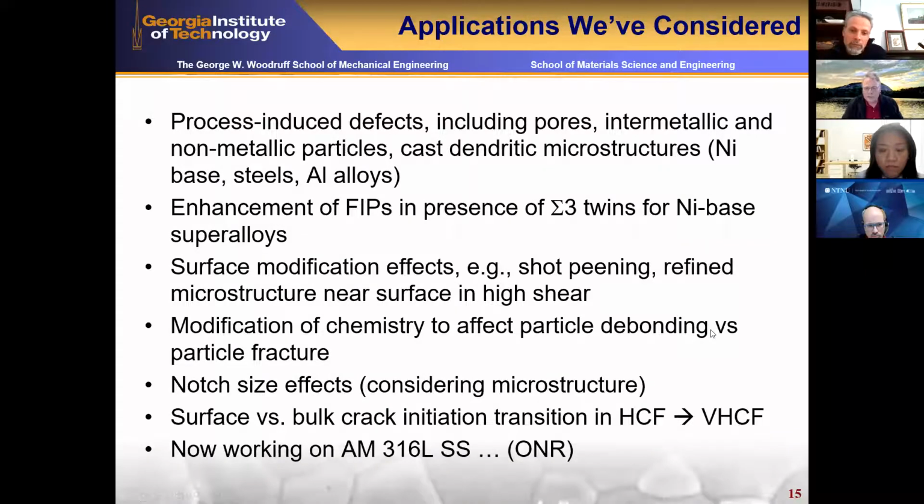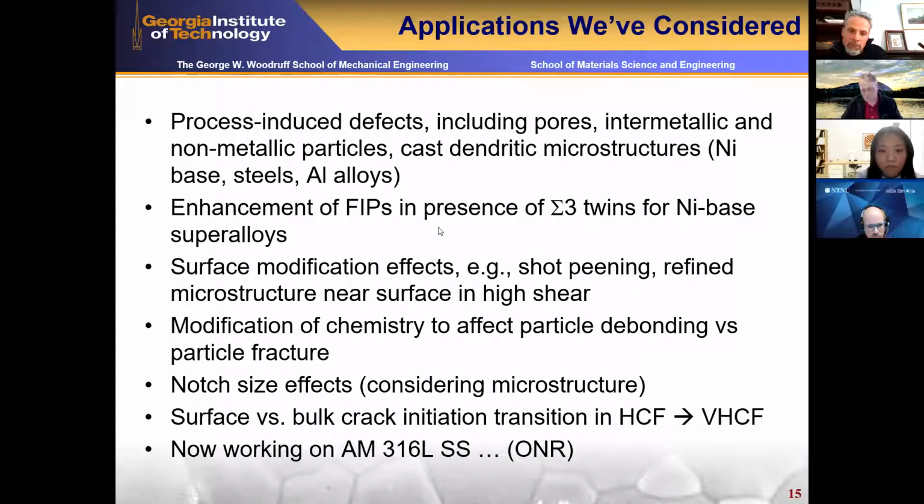We've considered a number of applications with this kind of framework in the last, probably 12 or 13 years. Process-induced defects, pores, intermetallic and non-metallic particles. We've looked at cast dendritic structures going back to the year 2000 to 2003 in cast A356-T6 aluminum alloys.